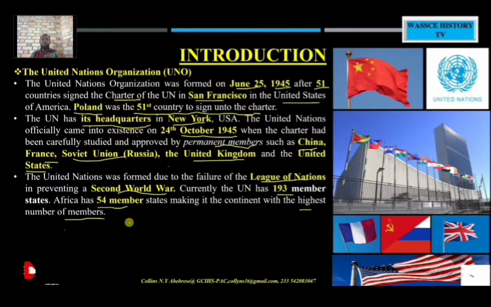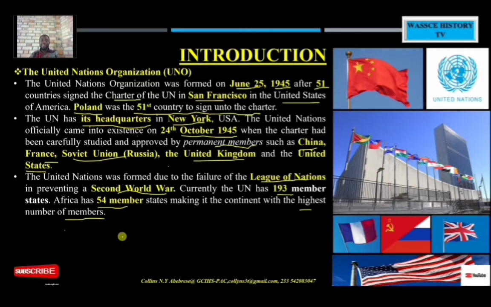We will look at the role of the permanent members, and you would understand why I'm saying the things that I'm saying as we move on. So bear in mind, at this stage, Africa has the highest, 54, out of a total of 193.